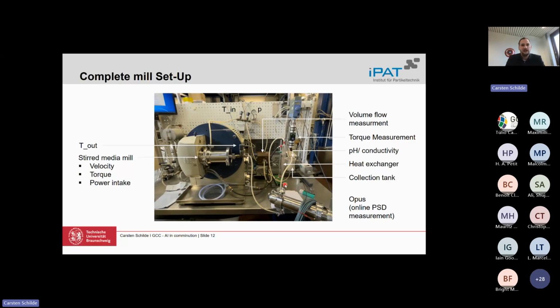What we don't have online here is a measurement system for viscosity. However, we have the torque, for example, of the stirred vessel, and we have the particle size distribution. And what we know is that the viscosity strongly depends on solids content, which doesn't change, and the particle size distribution.